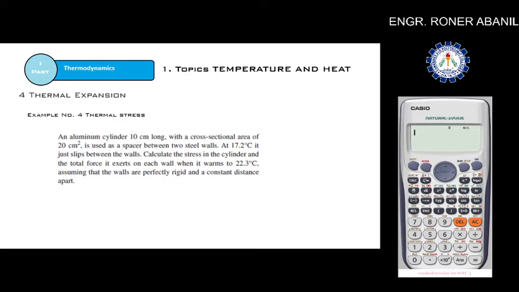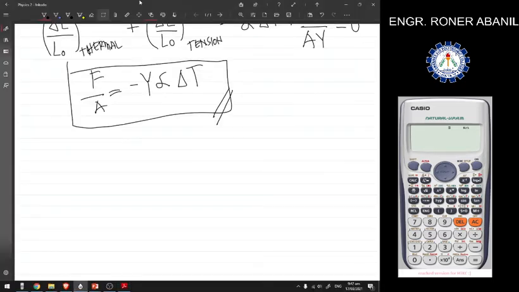So, after naging 22.3 degrees Celsius siya, i-calculate natin yung stress in the cylinder and the total force na in-exert nung wall. So, assume lang natin na yung wall is perfectly rigid and constant distance apart. So, ibig sabihin, hindi gagalaw yung wall na yon kahit pagpilitan ng cylinder na humaba. Okay? So, paano natin siya i-approach?